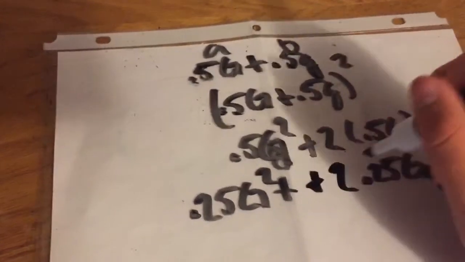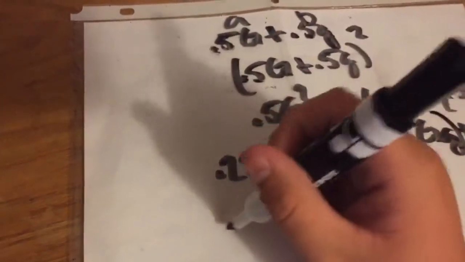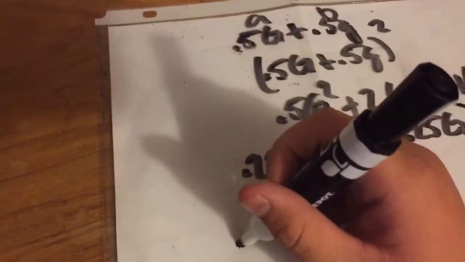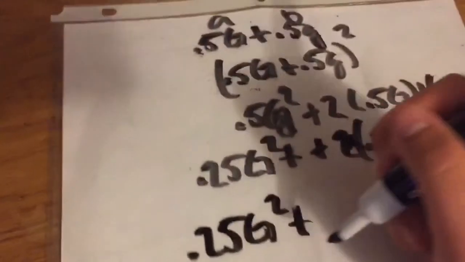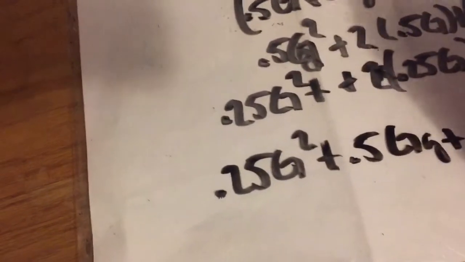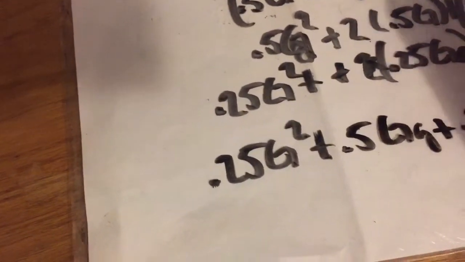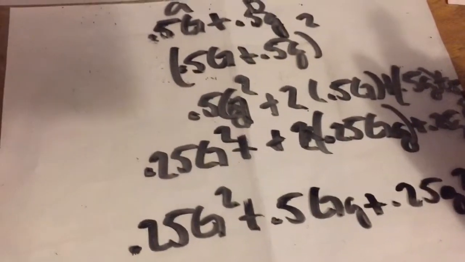Plus bring down the 2, so you have to multiply this one by this one here, so bring down the rest: 0.25 capital G squared plus 0.5 capital G lowercase g plus 0.25 lowercase g squared.